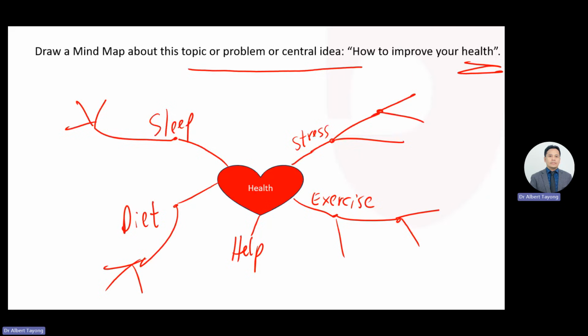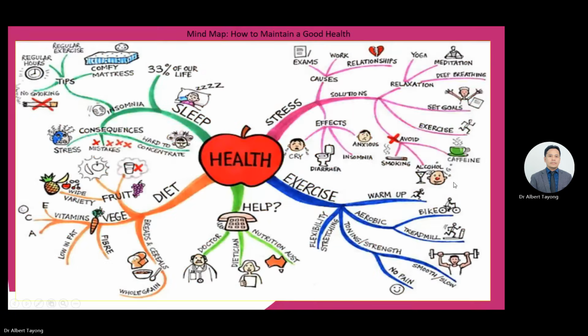And then you expand the branches. So it will look like this. So we have stress here, exercise, health, diet, and sleep. So these are the sub branches here. These are the main branches: stress, exercise, health, diet, and sleep.